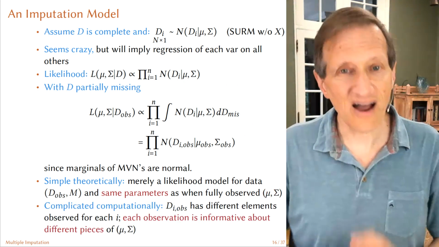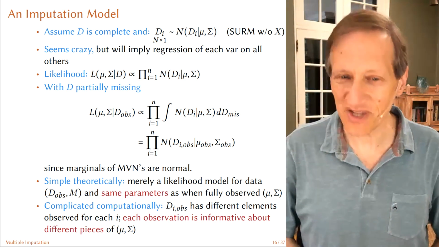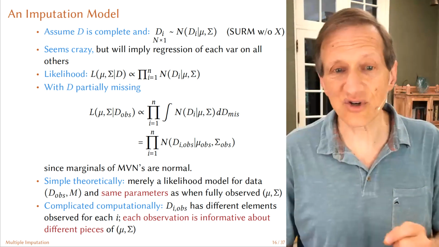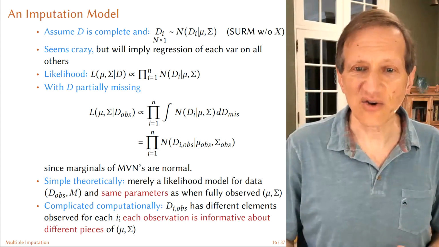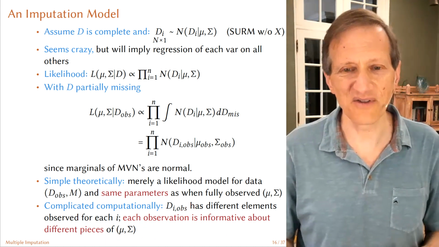This is complicated computationally because D obs has different elements observed for each i. So each observation is informative about different pieces of those matrices.